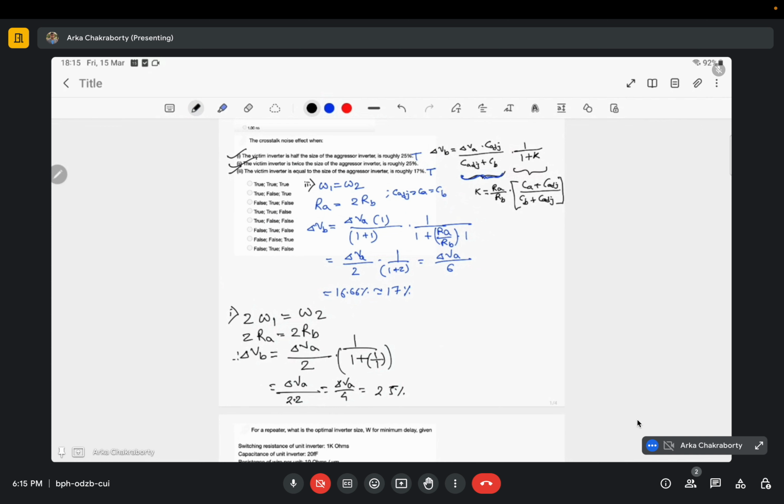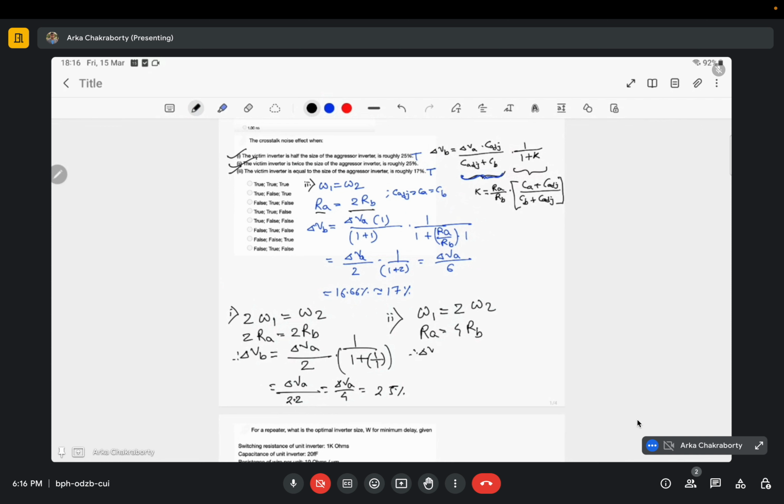The second statement is that the victim inverter is twice the size of the aggressor inverter, is roughly 25%. Let's look into it. So now my RA would be equal to 4 times RB, because if W1 equals W2, RA was twice. So if W1 is twice W2, RA would be 4 times RB, right?